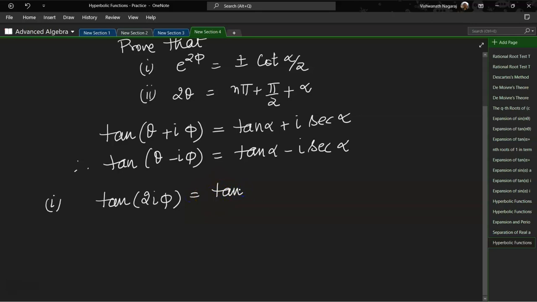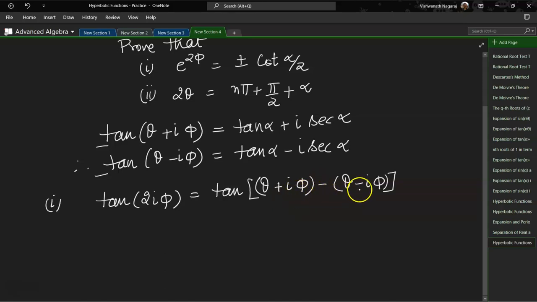Tan 2i phi can be written as tan of, based on whatever we already have, theta plus i phi, and we have to come out with something by which this becomes 2i phi. So either plus or minus. If we take it as minus, what will happen?